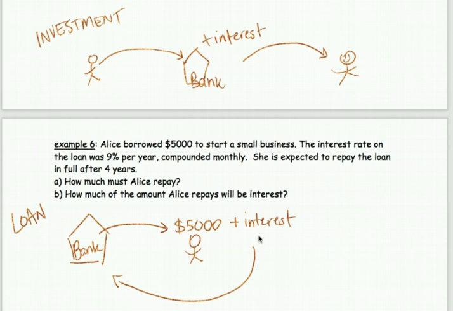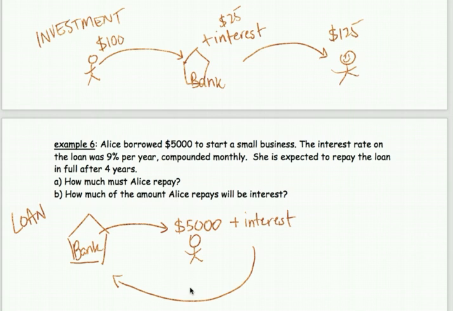The bank is going to charge you interest. And so when you give it back, you have to give back more than 5,000. So it's like here you had $100, okay? You put it in the bank and they gave you interest. Like maybe they gave you $25 in interest, right? So when you took it back out, you were now at 125. So you're pretty happy because you made some money. You didn't have to do anything.